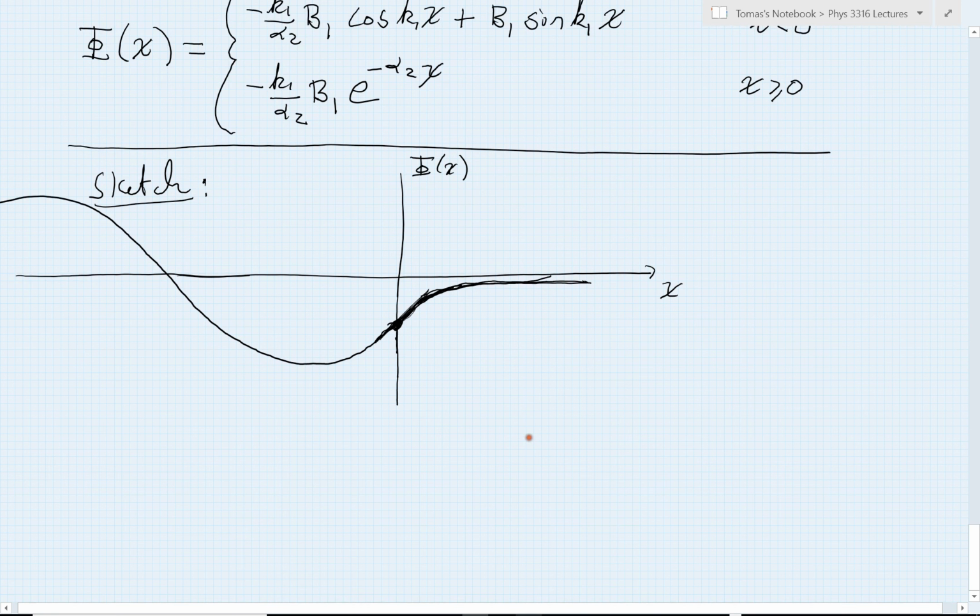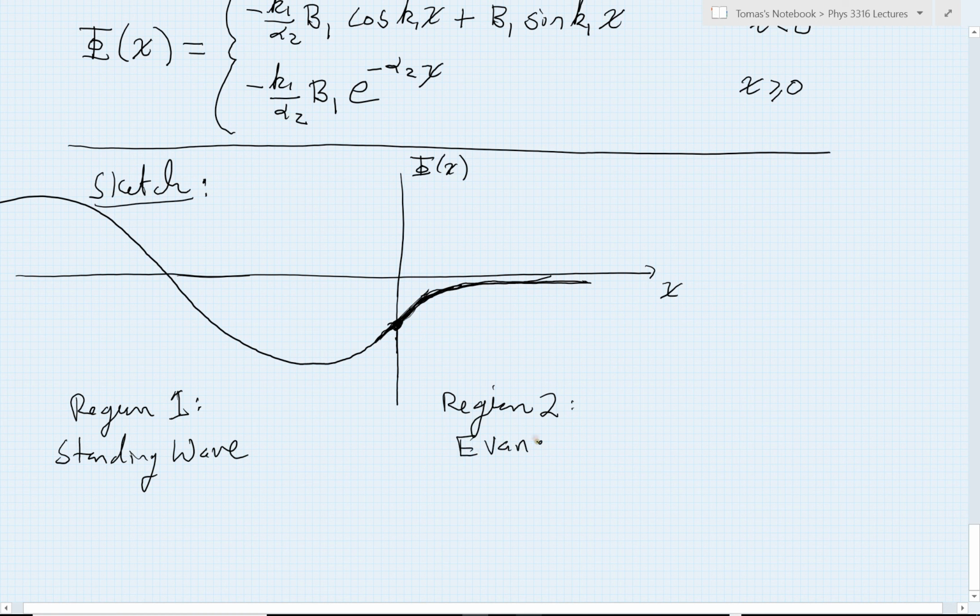And the last comment I'd like to make here is that in region 1, right, you notice we have this kind of wave behavior. In wave physics, this is usually what's called a standing wave, is what we have here in region 1. And in region 2, we have this exponentially decaying region. This is frequently what's called evanescent wave type behavior, where we have the decaying exponential.